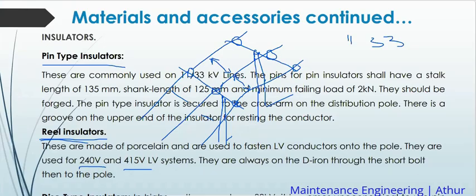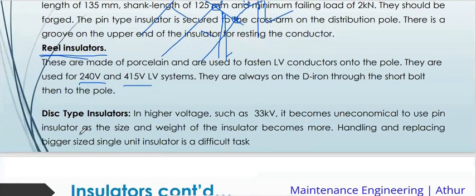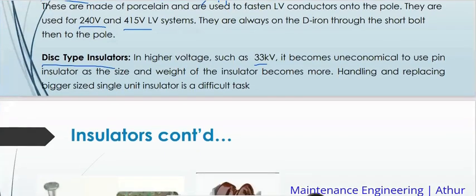We have disc type insulators, which are also used in 33 and 11 kilovolts. Disc type insulators and pin insulators are used in different structures of 11 kilovolts and 33 kilovolts, at the primary distribution from the substation to the transformer. And there are also very many structures which maybe you're going to search about.